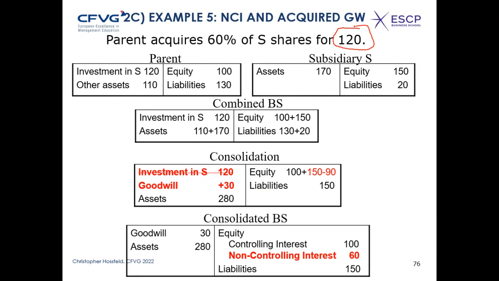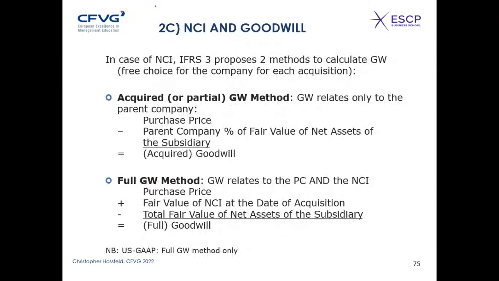In any case, I need to do a purchase price allocation. So we need a PPA. Every time I do a full consolidation, I need to do a purchase price allocation. That means I need to check, is there a brand name, are there other valuation differences and so on. And also, of course, is there a goodwill? So if I pay more than the fair value, well, then there is a goodwill. So I need to calculate the goodwill.